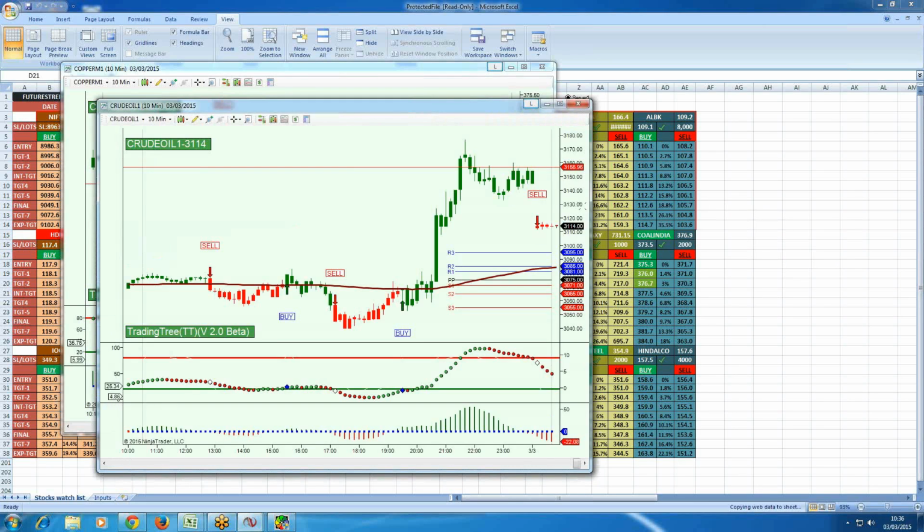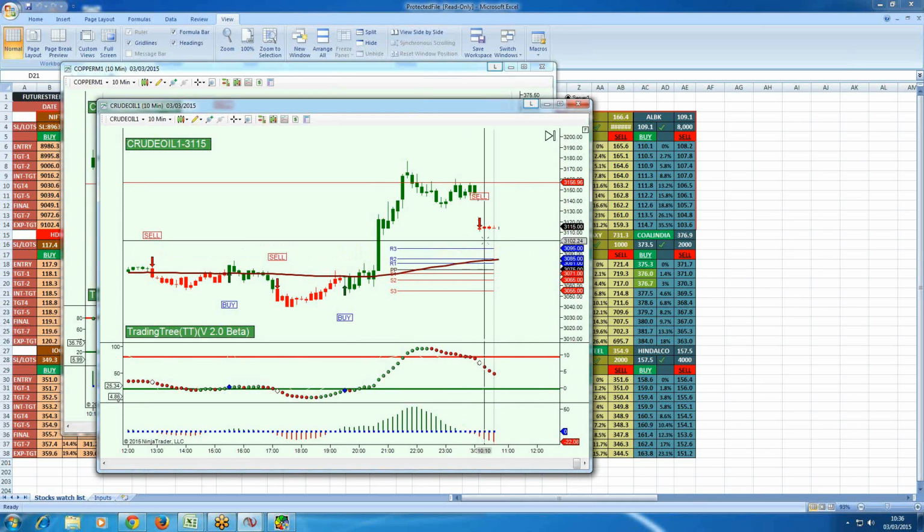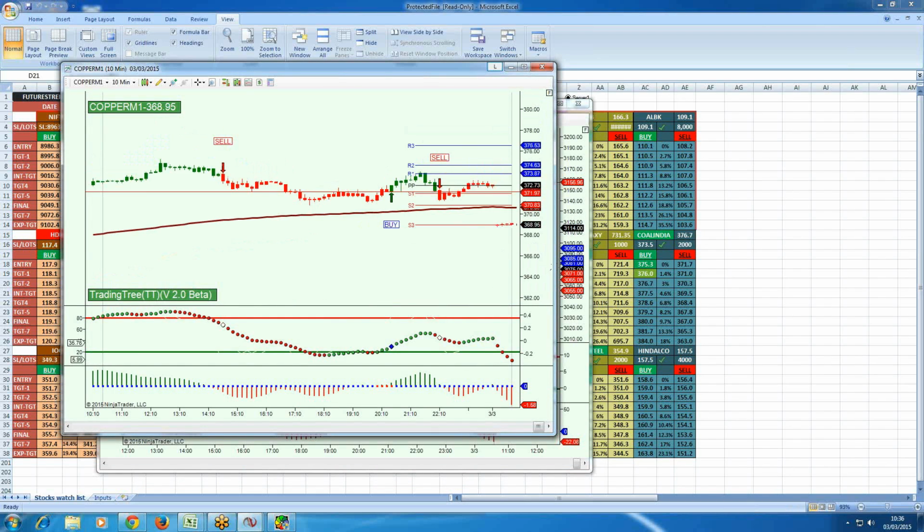So that's the crude oil chart. We have a gap down open in crude oil today. The same thing with copper.